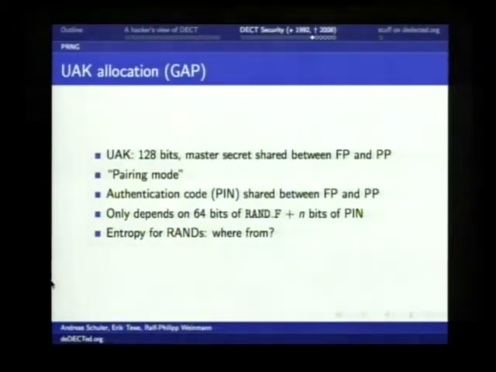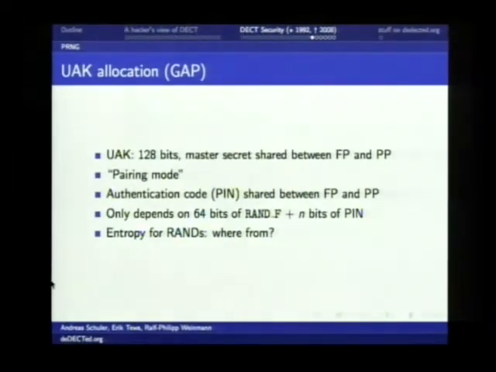In this process you generate a master secret between the base station and the portable part. But the problem is this depends only on an authentication code, which is usually restricted to 4 decimal digits that is shared between the FP and the PP, and 64 bits of a random value that is generated by the base station. Now, the problem is, where does this entropy come from?